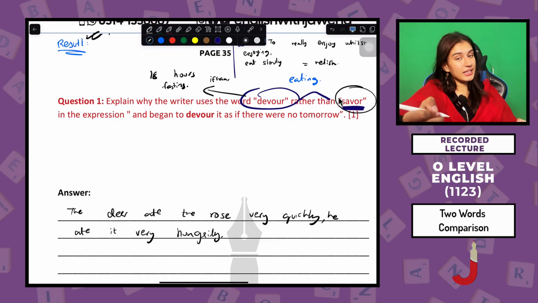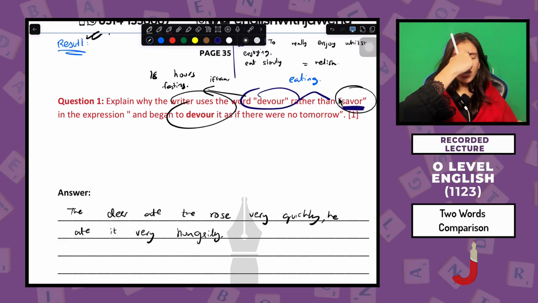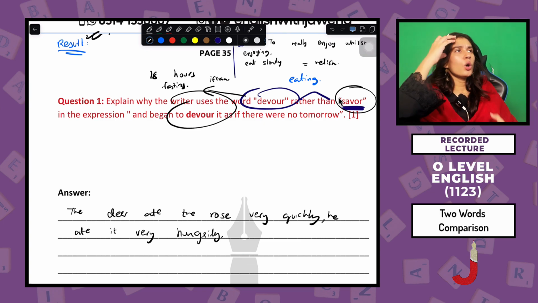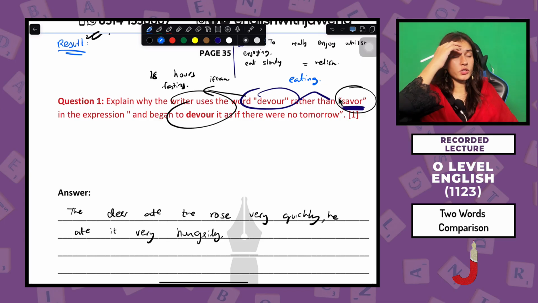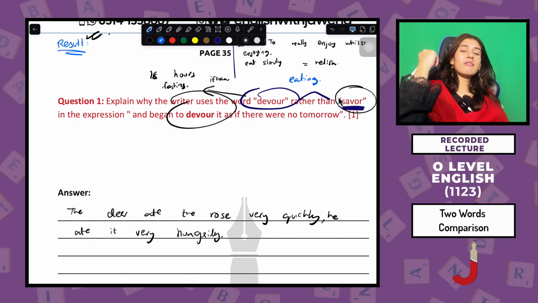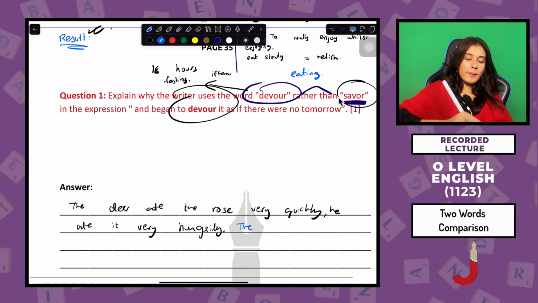Now, for the second sentence, you're supposed to write what result that tells us. What does that tell us about this action? If he ate it so quickly, what must have been the reason behind it? What could have been the result? If you read the story, the deer has traveled for a long time.